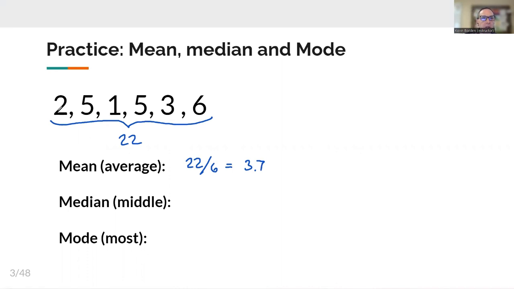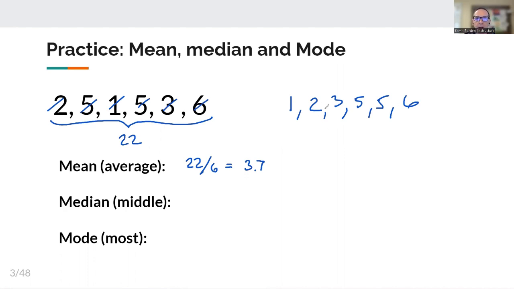For the median, we need to find the middle, which means we need to organize this list in order. So I'm going to start out by listing 1 and kind of mark that off, and then 2 and mark that off, 3, 2 5s, and finally 6. It looks like I've got that in the right order.